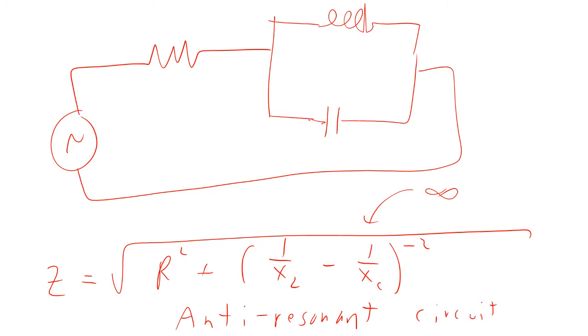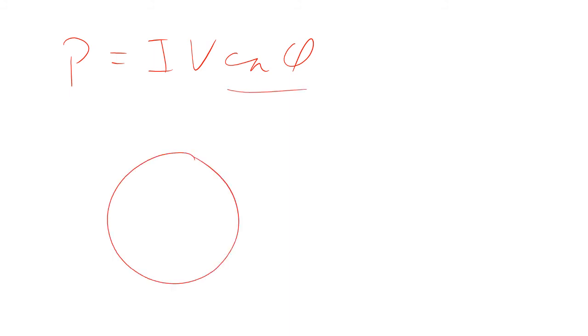Okay, so what's the power? We want to find the power. Power is going to be I V cosine phi. So how do I find phi? Well, it turns out all we need is cosine phi. Now remember, on the phasor diagram, we've got the VR this way, and we've got the total V in some other direction right here.